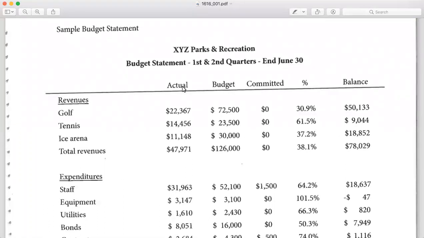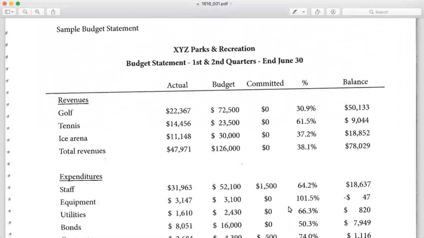The actual is what's being spent. The committed is typically, we use the word allocated or encumbered. This shows you the percent of the budget and then the balance.